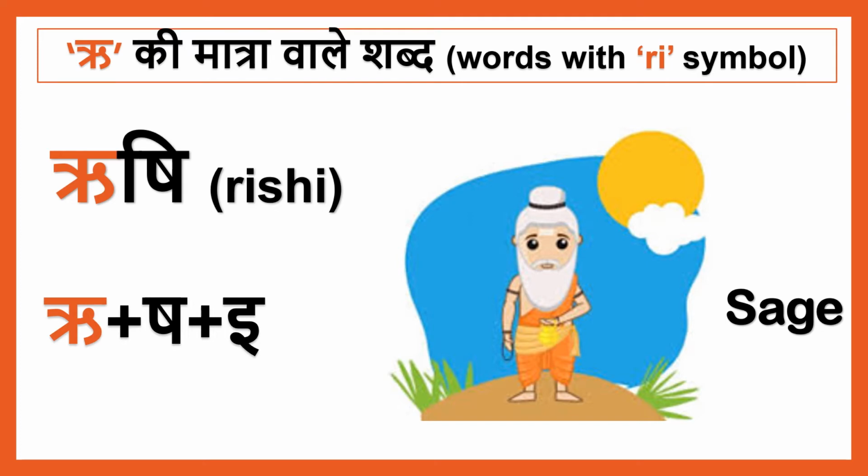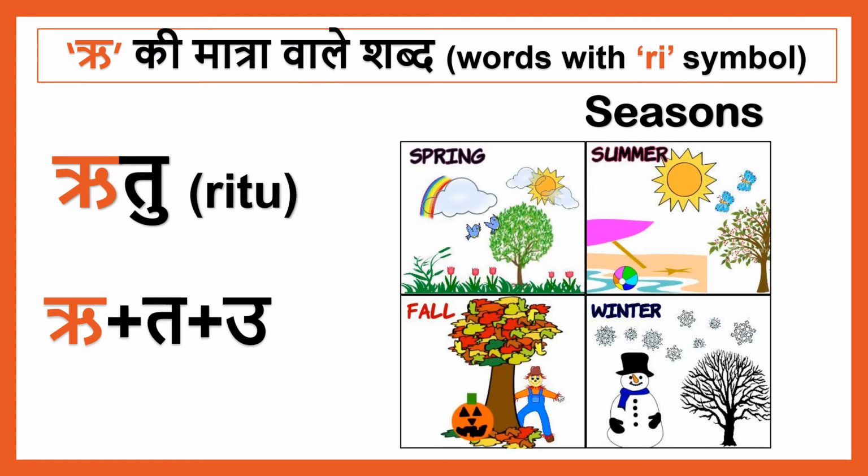And please note, whenever the first letter is a vowel sound, then you cannot use the vowel symbol. Rishi means sage.